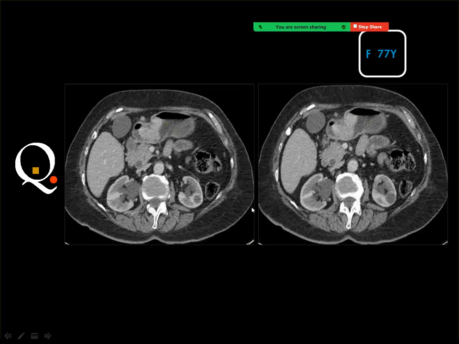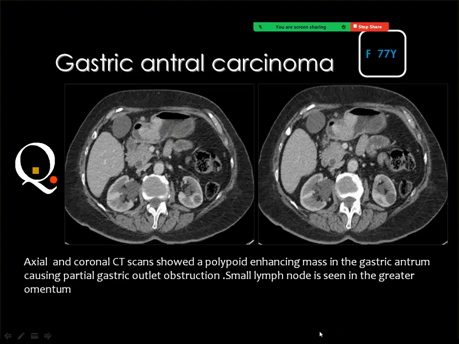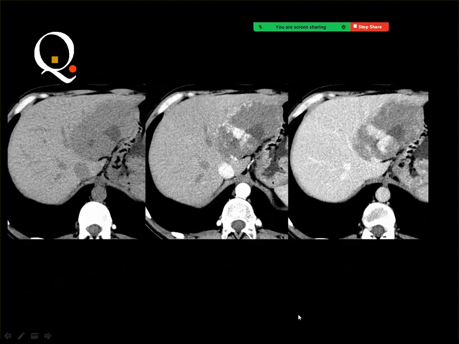It's absolutely clear, but the main problem is here, inside the stomach. This is the stomach, and you have an enhancing mass within the pyloric antrum, and masses inside the stomach should be considered as carcinoma until proved otherwise. Of course, in the differential diagnosis, you should include lymphoma and metastasis, but you should mention first that this should be a gastric carcinoma until proved otherwise by endoscopic biopsy.